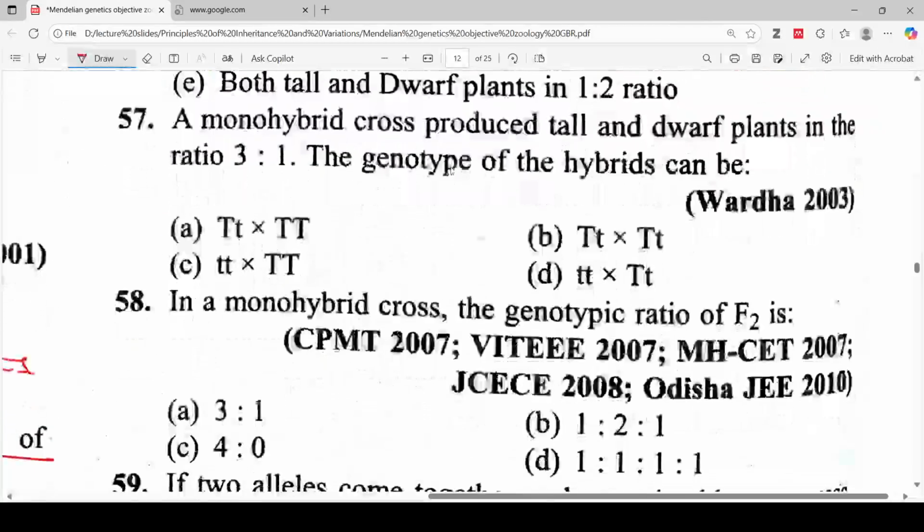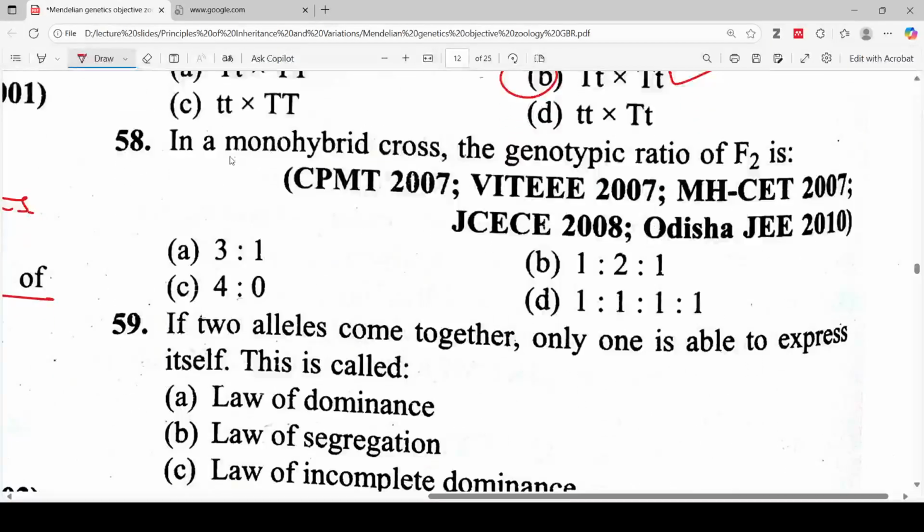And next question, a monohybrid cross produced tall and dwarf plants in the 3:1 ratio. The genotype of the hybrid can be. So the correct answer is B. Next question, in monohybrid cross, the genotype ratio of F2 is.